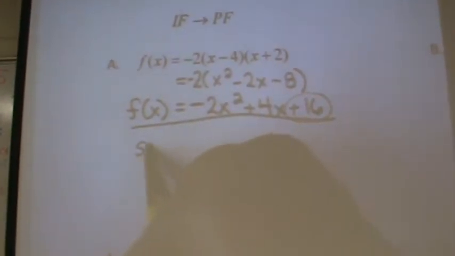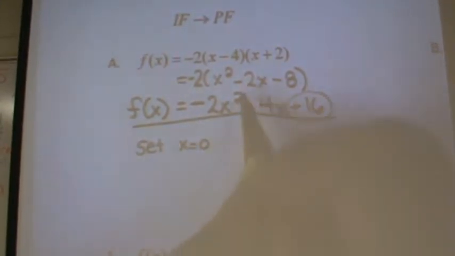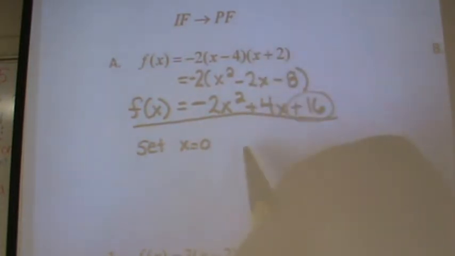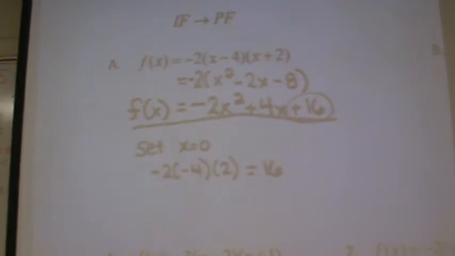Another way is set x equal to 0, and you can do that in your head. What is 0 minus 4? Negative 4. What's 0 plus 2? 2. So what's -2 times -4 times 2? Oh, it's 16. So there you go. There's another way you could have done that. Okay?